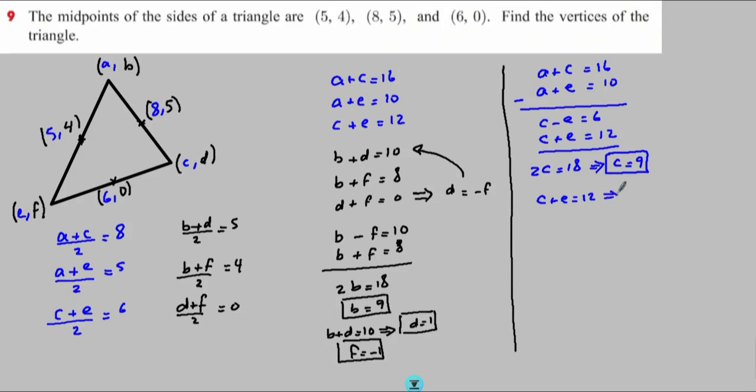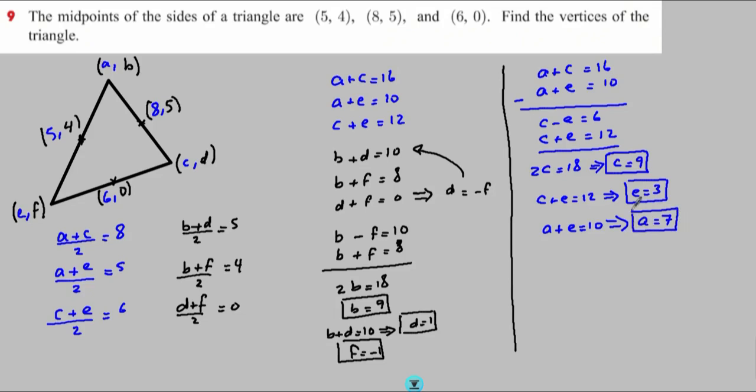This implies that E equals 3. 9 plus 3 equals 12. And again, take this one. A plus E equals 10. This gives us something plus 3 equals 10, so A equals 7.